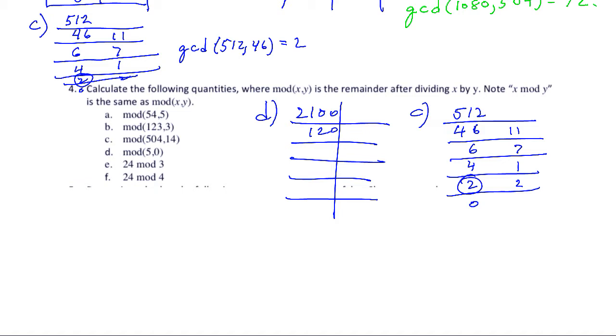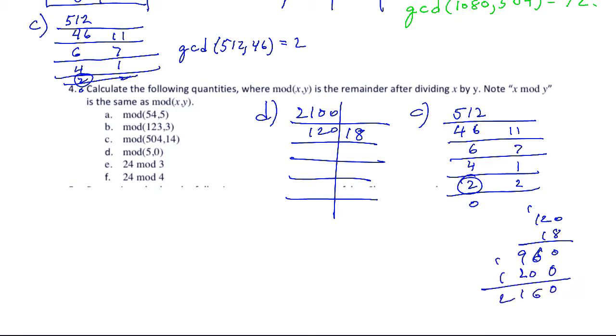So I think 18 times it'll go into 2100. 120 times 18 gives me 2160. Really, it's 2160? Yeah, it can only go 17 times. So if I subtract 120 from that, it's 2040. Okay, so 17 times.